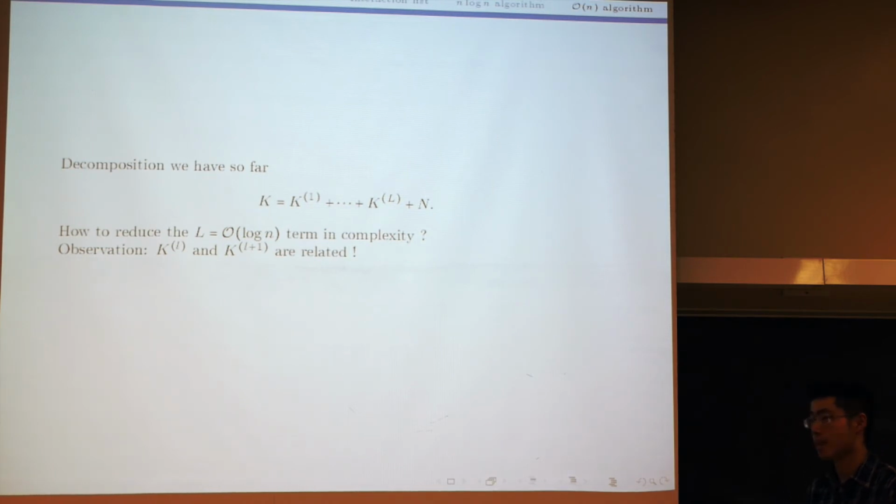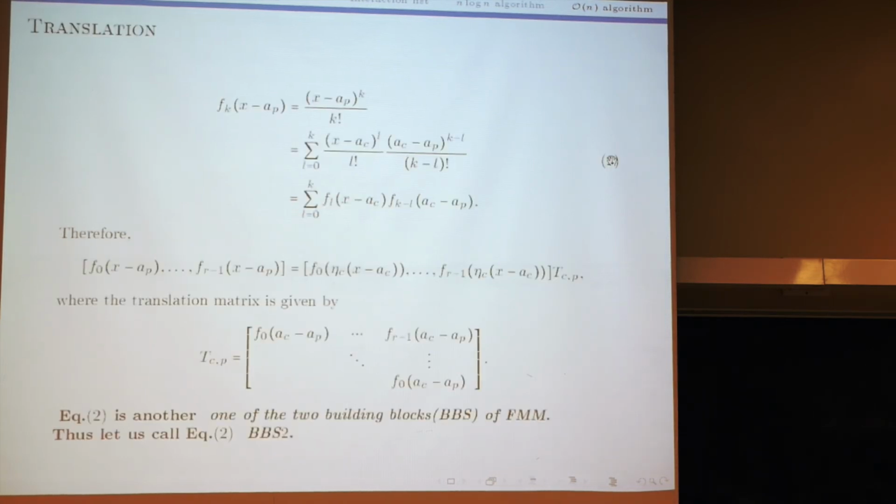How to proceed to kill the log n term in the complexity? We know that for each component KL has a factorization in the form of UBVT. And it can be seen that KL and KL plus 1 are actually related. Here comes the translation relation.